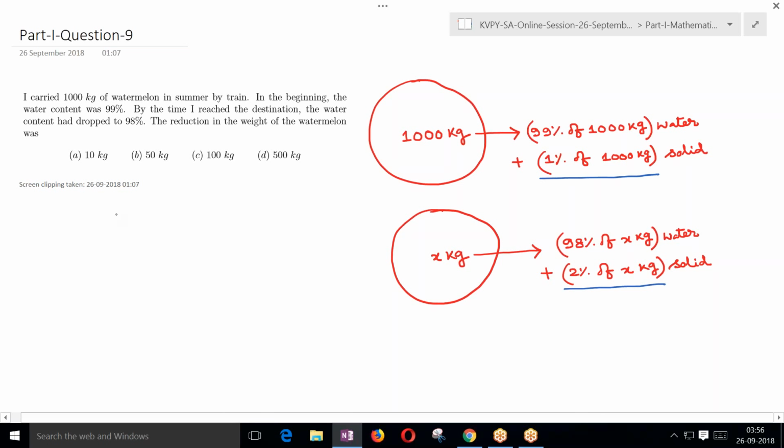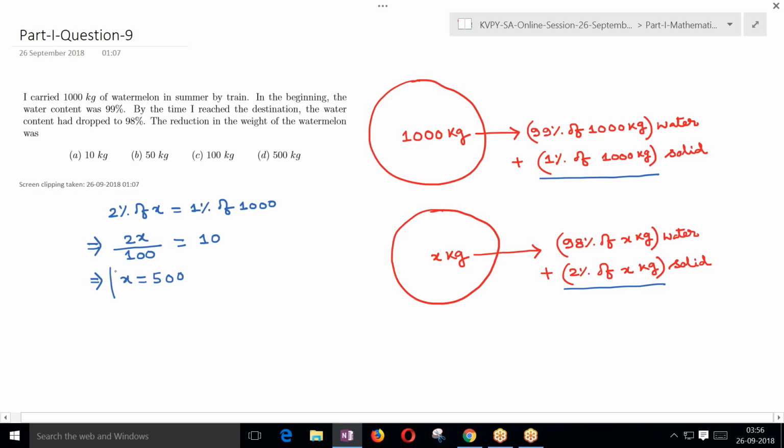So we can conclude 2% of x is equal to 1% of 1000. 2% of x is 2 into x by 100, and 1% of 1000 is 10. So from here we get the value of x is equal to 500.